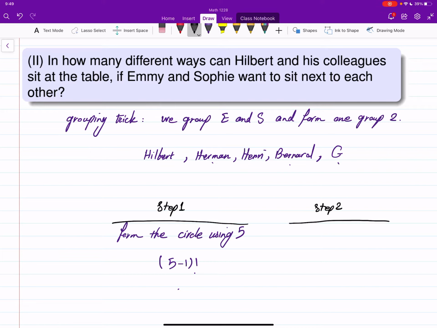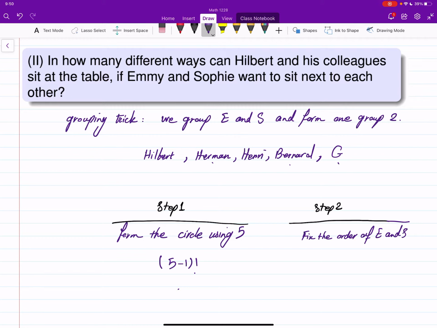So step 2 is to fix the order of E and S. Although they're sitting at a circle, they're not forming a circle, they are going to be next to each other. So they are going to form a line of 2.